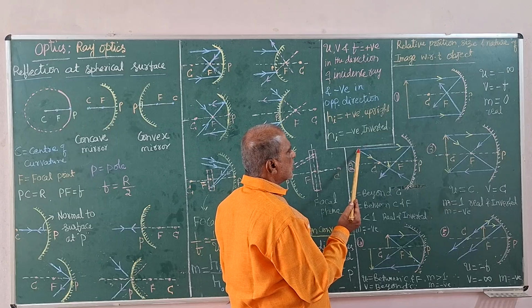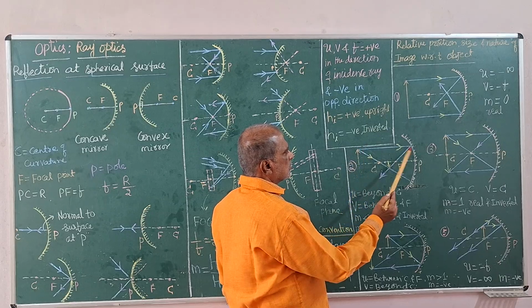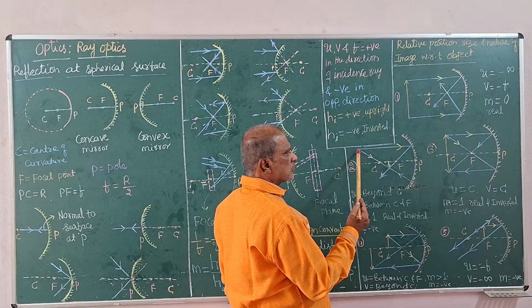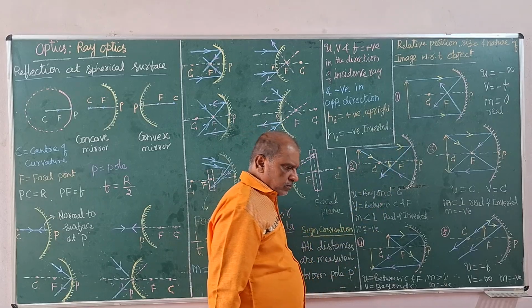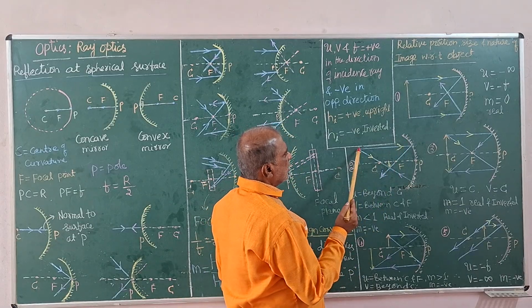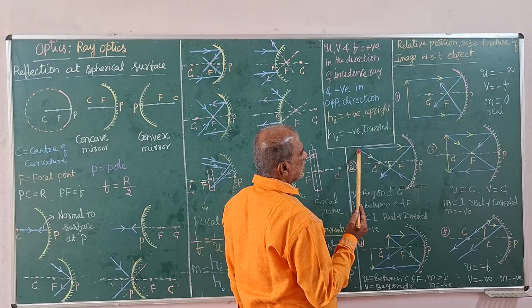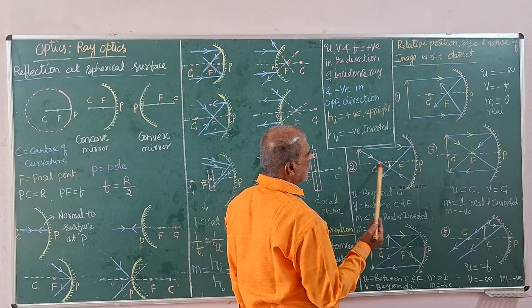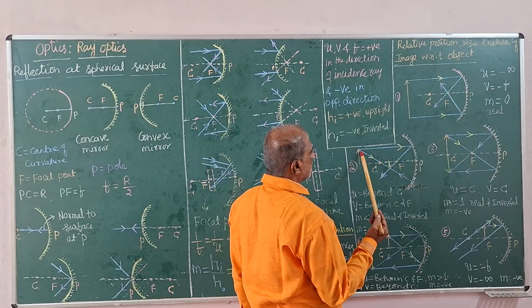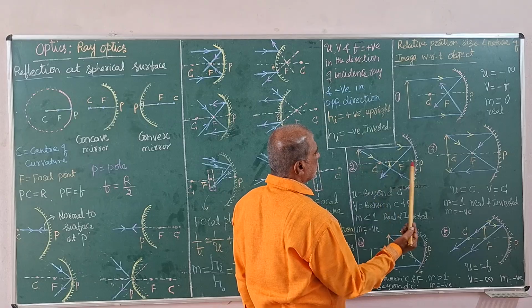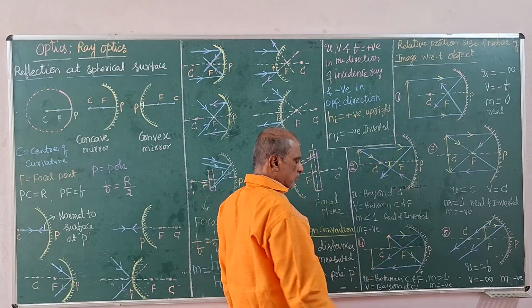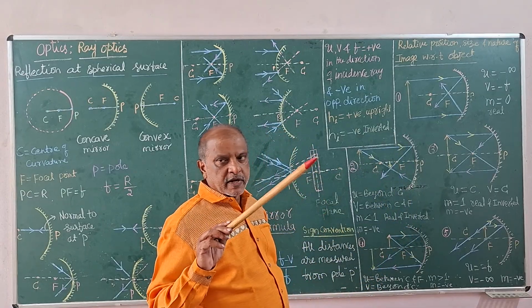There are countless rays from this point in all directions. I am taking a ray like this, which in the diagram is parallel to the principal axis. Let us not take all the rays, to avoid getting confused.